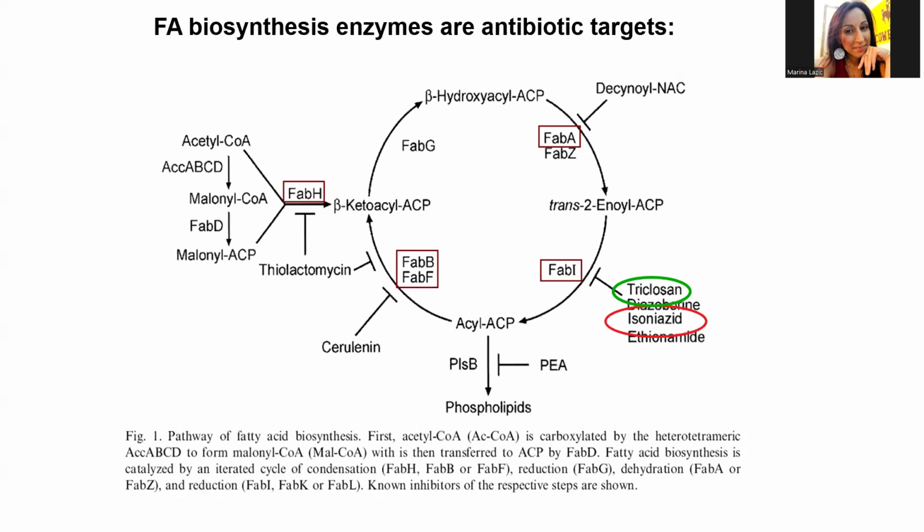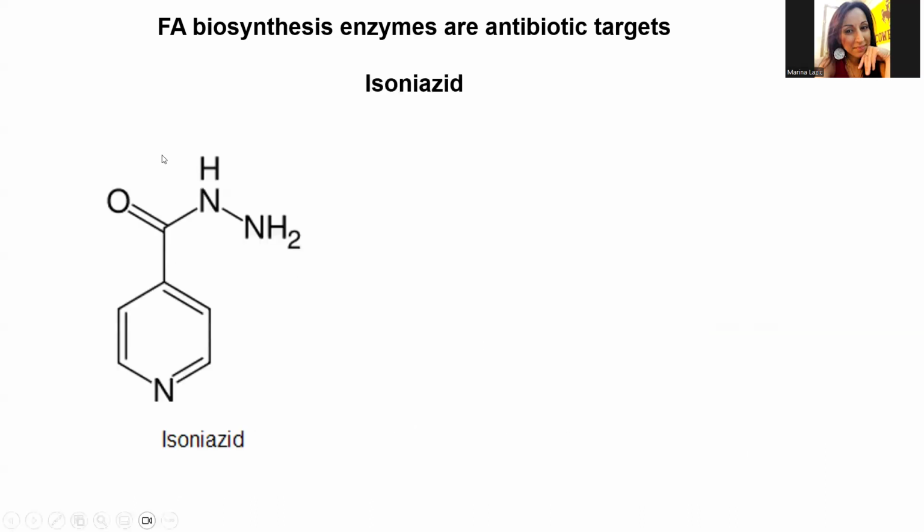Now, fatty acid synthesis is a very big target for antibiotics, and we will cover three of them: triclosan, isoniazid, and thiolactomycin. All of them have a similar mechanism, like vancomycin and penicillin.